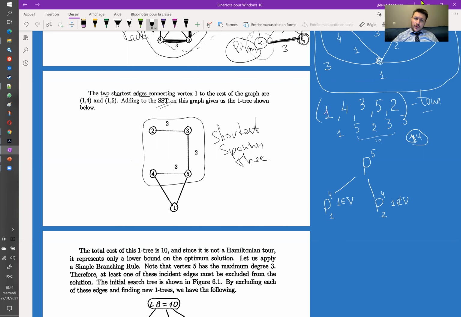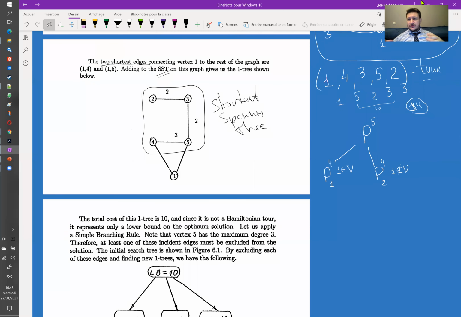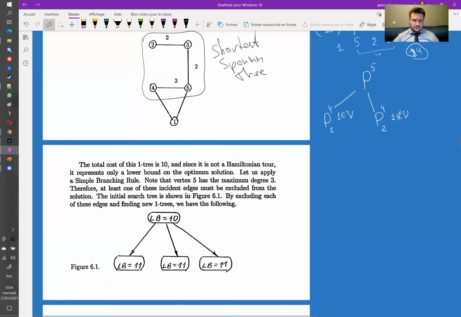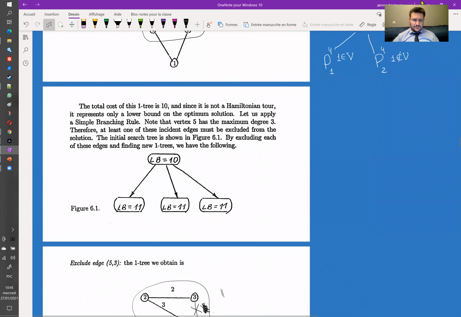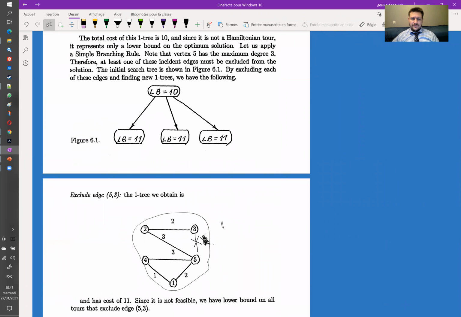But we also want to exclude some edges. So we have several options, and we have the option 5,3. So it looks like we have P here, and we have P1, where the edge 5,3 is not part of our solution.